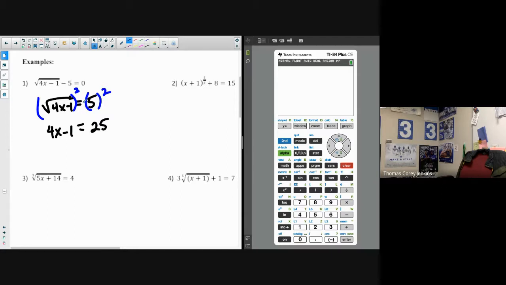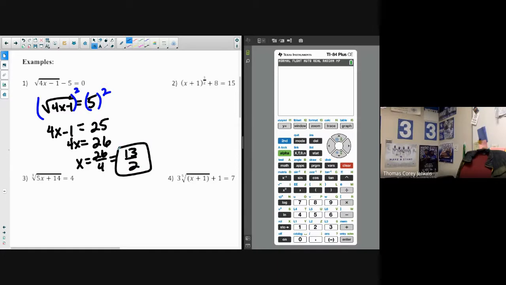When you square both sides, you don't get that plus or minus thing, so don't make that mistake. Now we just have a linear equation to solve, which should be easy. So when I add 1 to both sides, I get 4x equals 26, which gives me x equals 26 over 4, which reduces to 13 over 2.